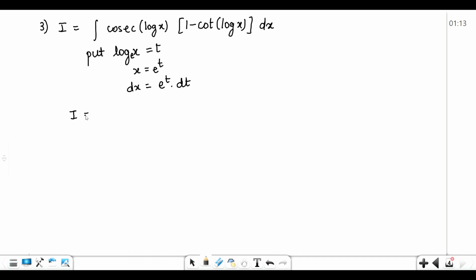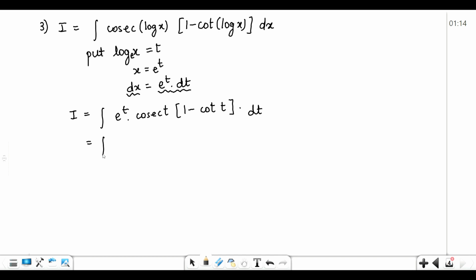Instead of dx we can write e raised to t dt, so I'll write e raised to t here and dt here, and in between we have cosec t and the bracket 1 minus cot t. Hope you understood this. We have replaced log x with t.